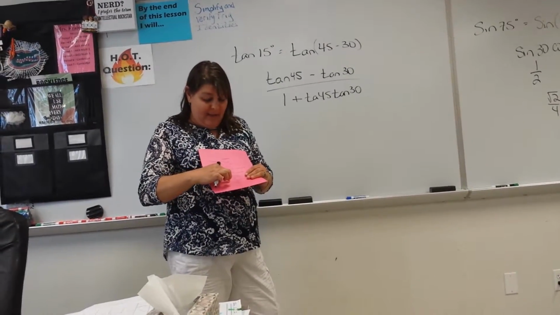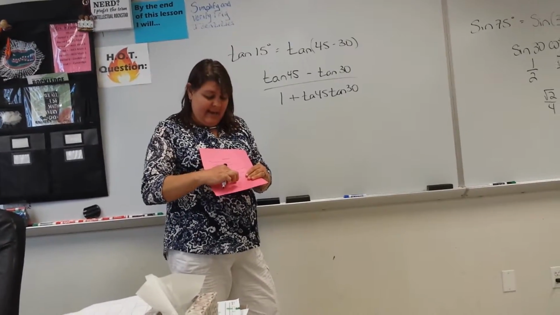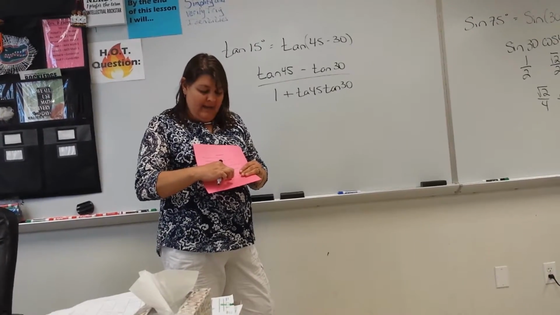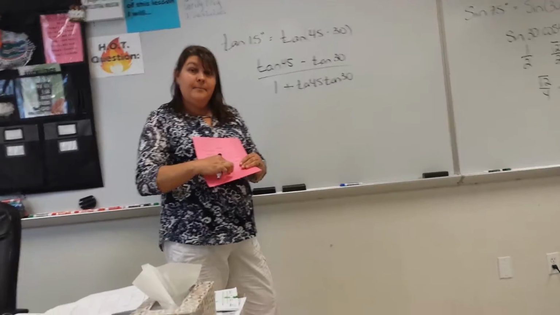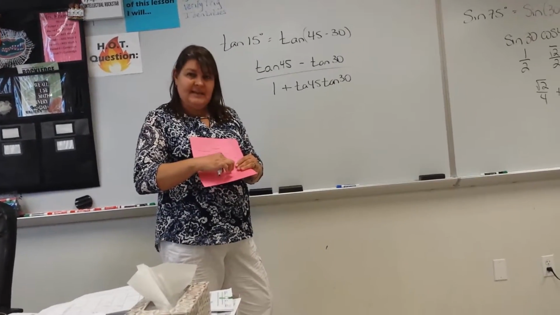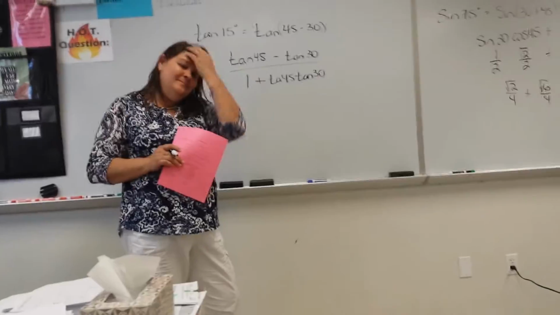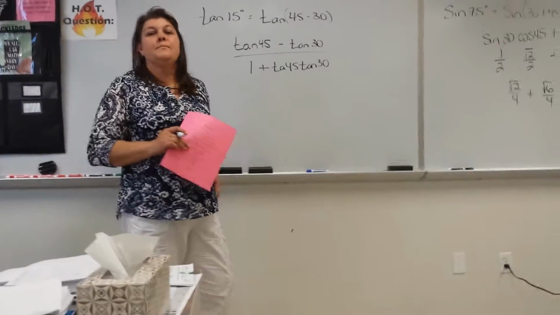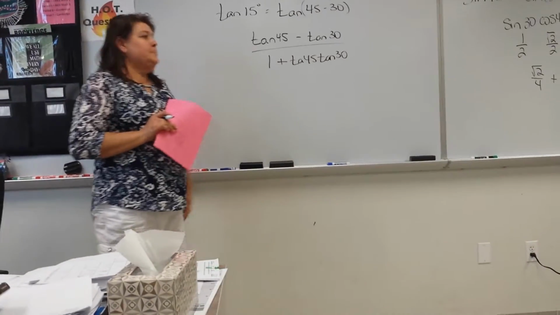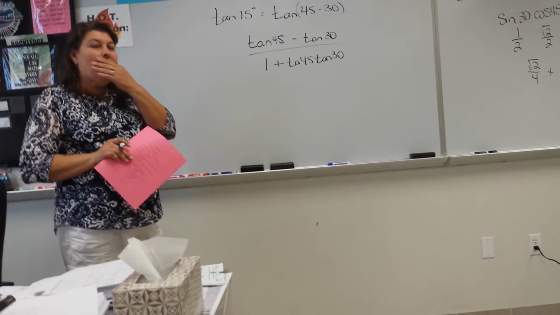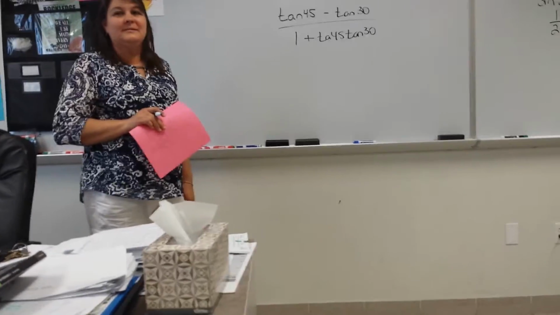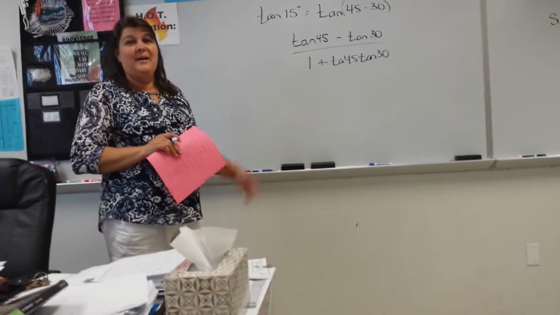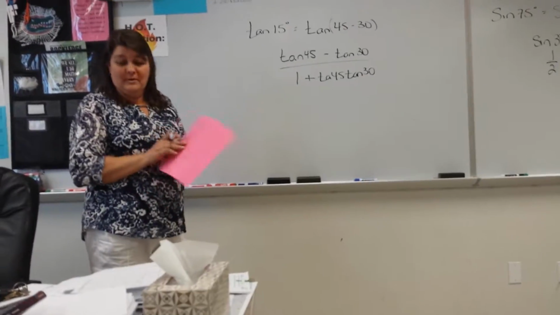So it's tan A minus tan B on top, and then 1 plus, because that's at the bottom, tan A tan B. If we were doing tangent of 45 plus 30, it would be tangent of 45 plus tangent of 30 on top, and then the minus is going to be in the bottom. So the bottom is always the opposite of what you're working with.